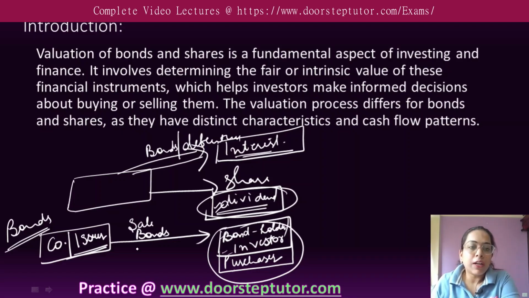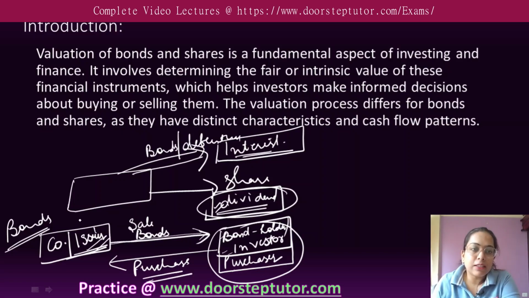So what happens is that the issuer or the corporation sells the bond, or one can say the investor purchases the bond. Both are the same thing. After that the company issues the bond as a document.